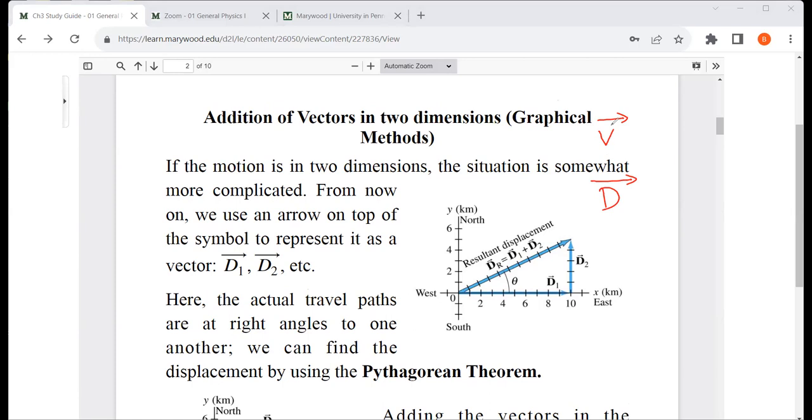Okay, in next chapter you will be learning about force. So on top of force we have to draw an arrow. So this arrow tells us that this quantity has some direction. Okay, so to differentiate between scalar quantity and vector quantity, on top of vector quantity we now use arrow. Okay, so remember that from now on, whenever we have a vector quantity, we will be using an arrow on top of it.